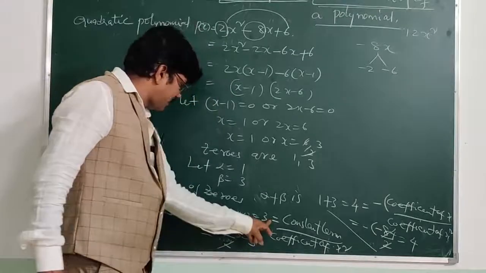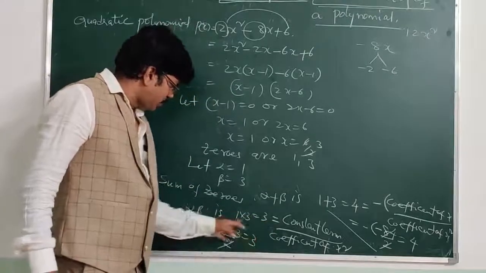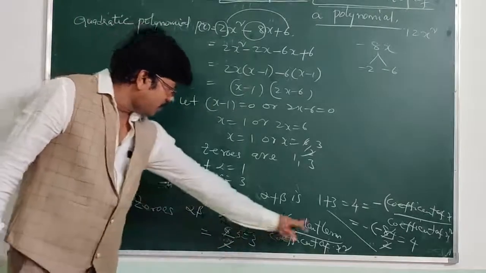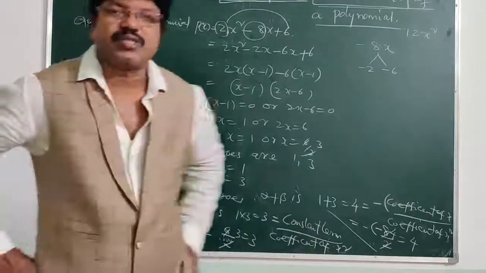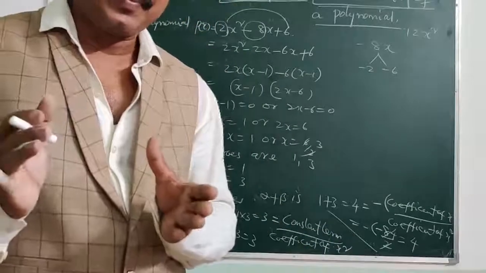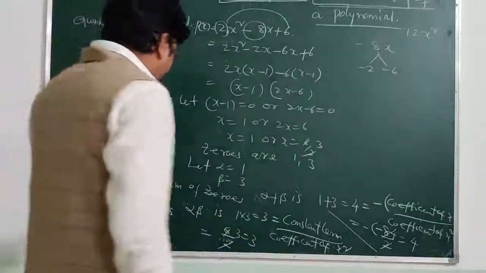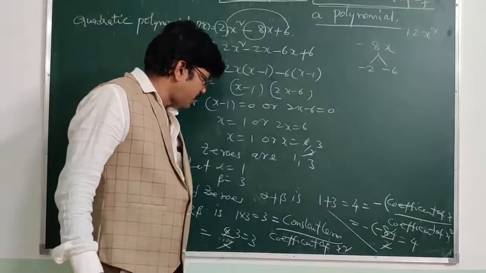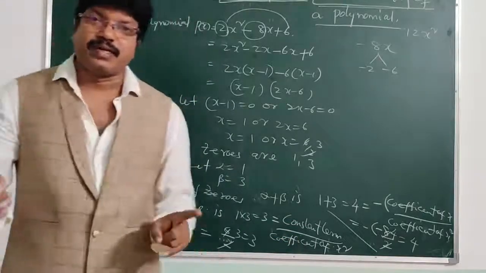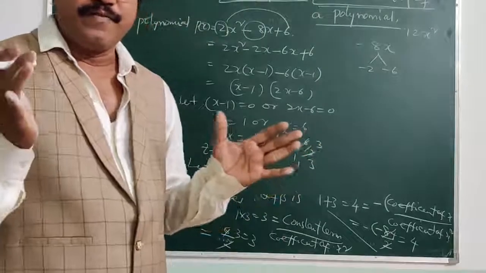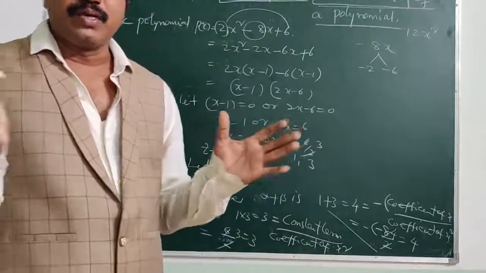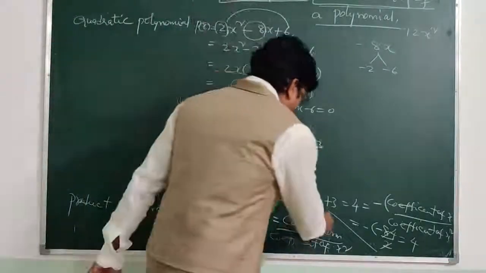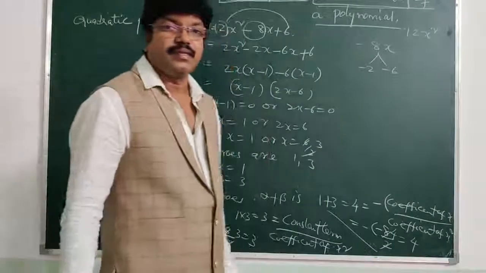The product of zeros alpha beta is equal to constant term by coefficient of x square. That is the relation. The product of the zeros is related to constant term by coefficient of x square.